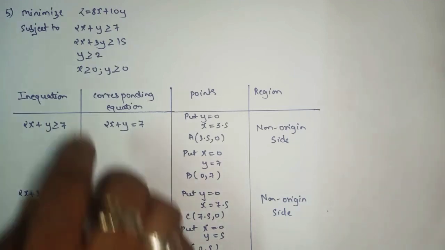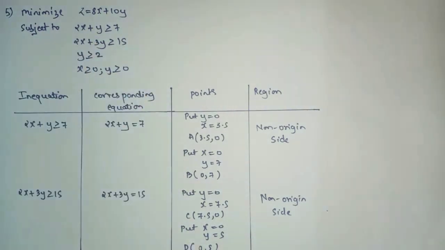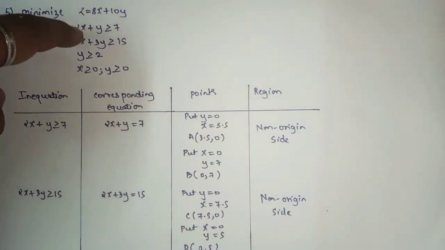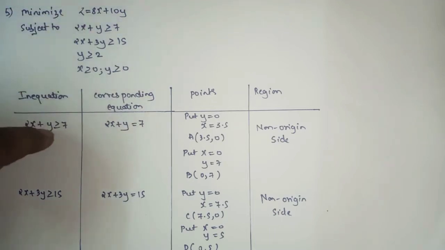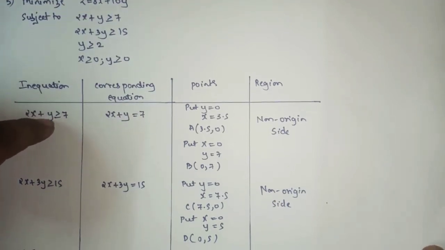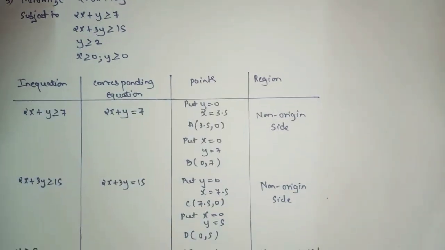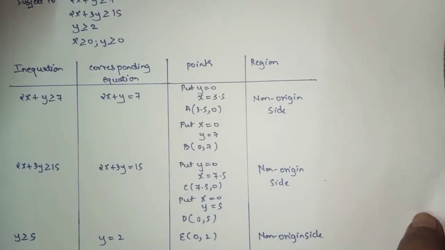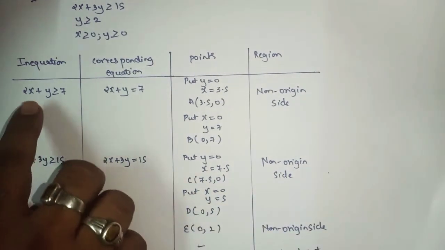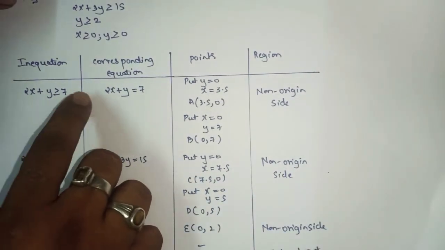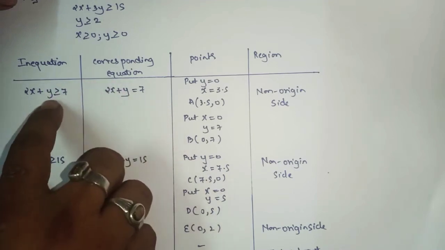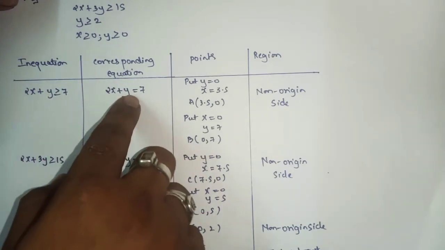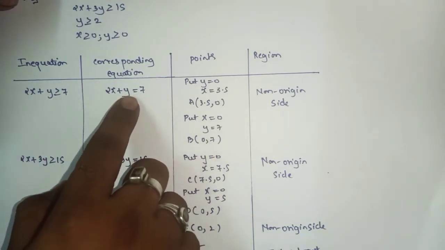Now here we have the first linear inequation, that is 2x plus y greater than equal to 7. As I had already prepared the table, I will simply explain this part. First you will write the inequation, then you will convert this inequation into the corresponding equation.